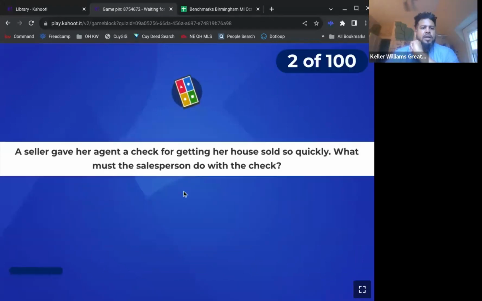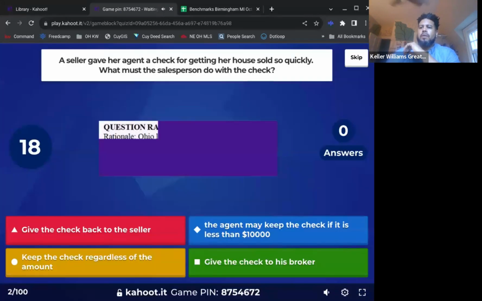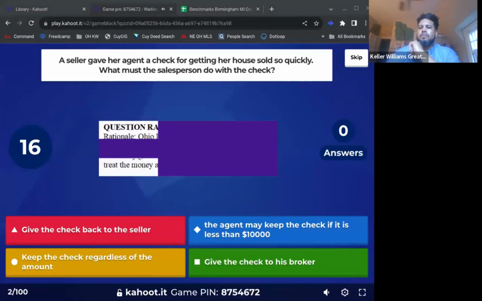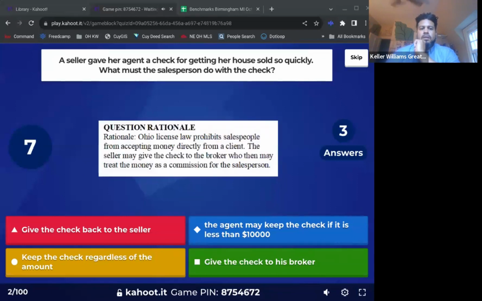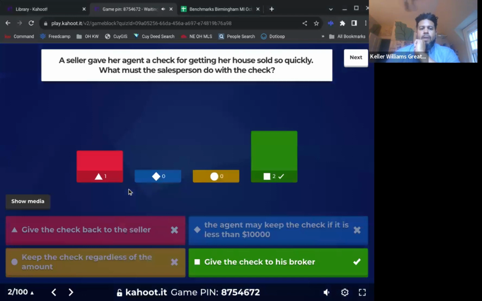All right. A seller gave her agent a check for getting her house sold so quickly. What must the salesperson do with the check? Yep. Give the check to the broker.